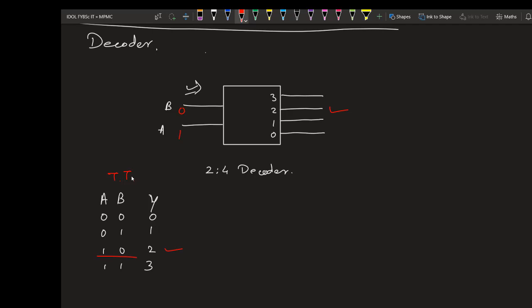That means when the output 0 is glowing or activated, it represents that both the inputs A and B are 0. The signal present at both the inputs is 0. I hope this part clears up what a decoder circuit is. Decoder means whatever coded message is present at the input, it will decode it. Okay, I hope this part is clear.